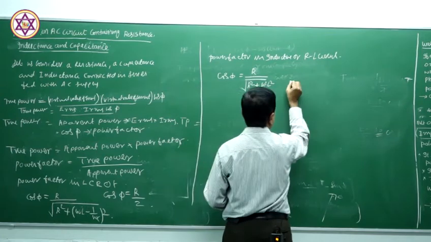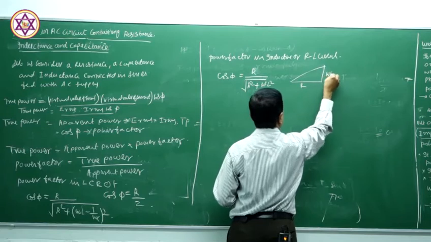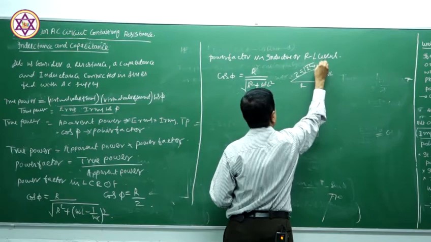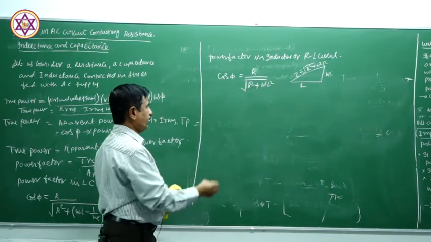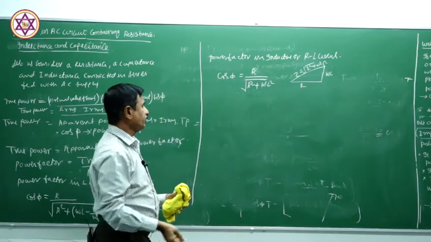Here also this is cos phi, this is R, this is omega L, Z is equal to root of R squared plus omega squared L squared, and this is the power factor in the inductive or RL circuit.